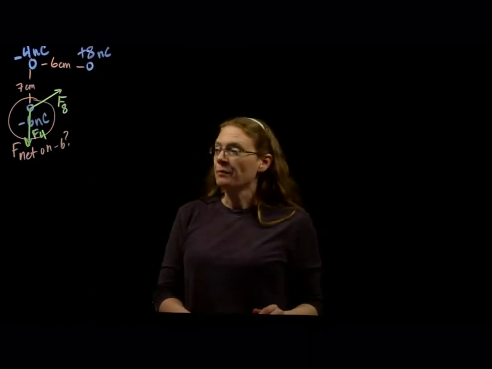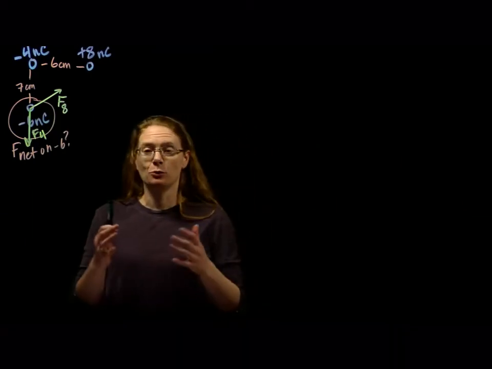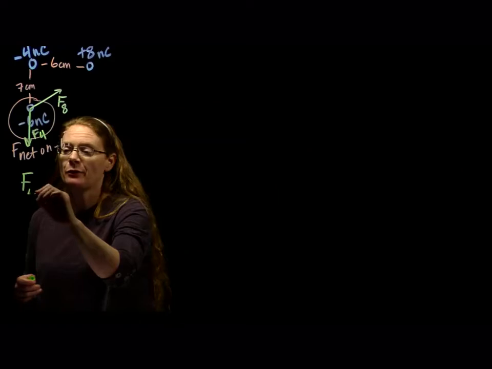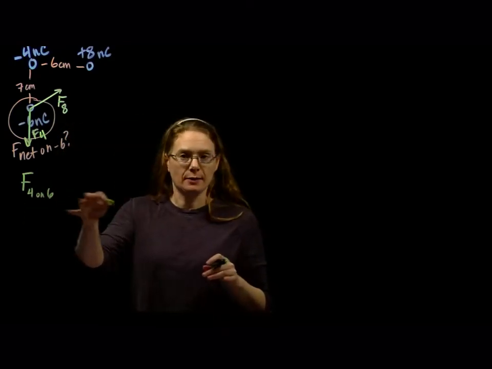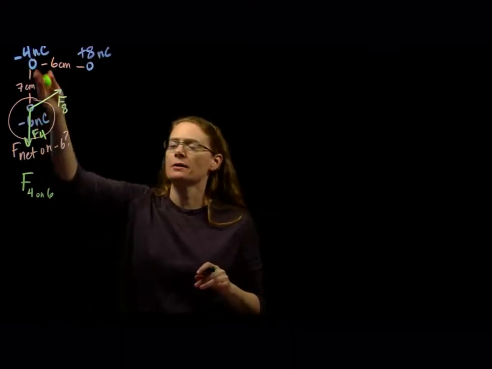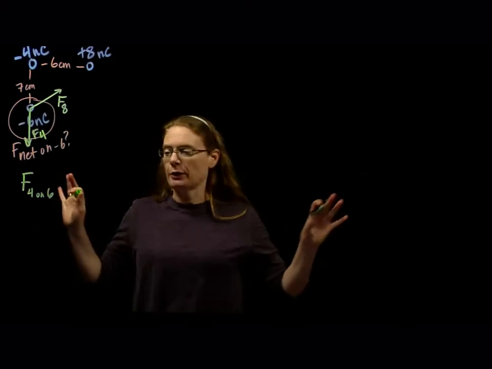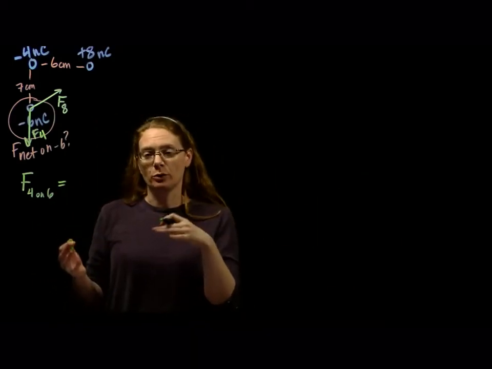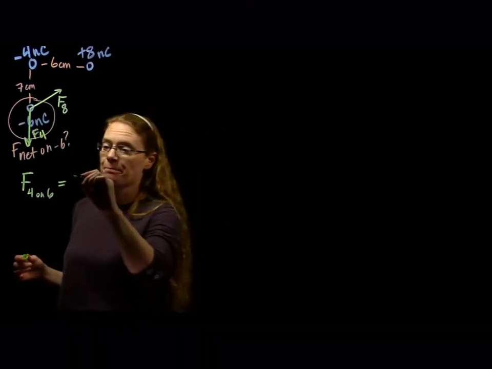So what do we do? Well, we are going to use Coulomb's law. This is a 2D Coulomb problem. So the force of the 4 on the 6. And the reason I'm ignoring the signs is because the signs here are only telling us direction, if it's an attraction or repulsion. Coulomb's law, K Q1 Q2 over R squared, is only telling me the size of the force.